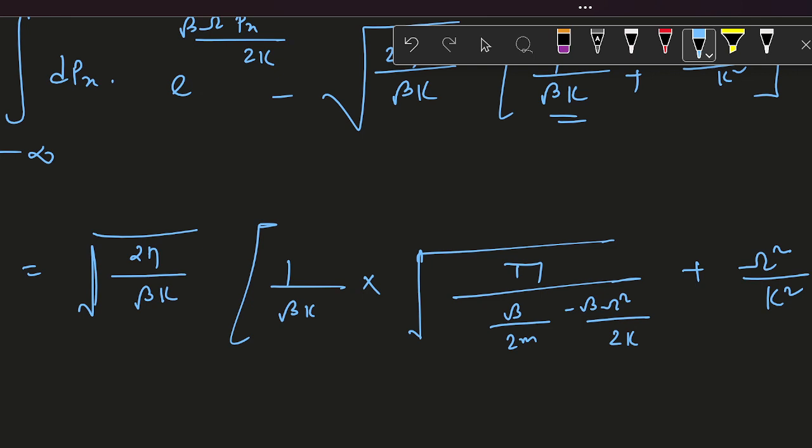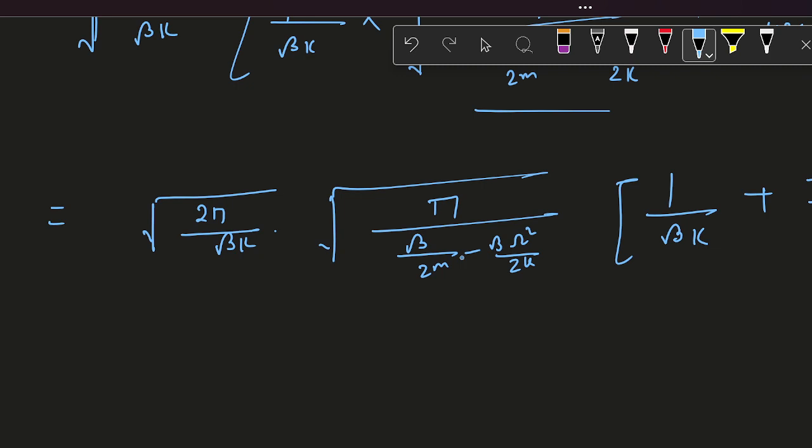So the whole thing is now, if you just take a multiplication, this factor is common, right? So you can take it out as common: root over 2 pi by beta k, root over pi by (beta by twice m minus beta omega squared by twice k), into 1 by beta k plus omega squared by k squared times beta by twice m minus beta omega squared by twice k.